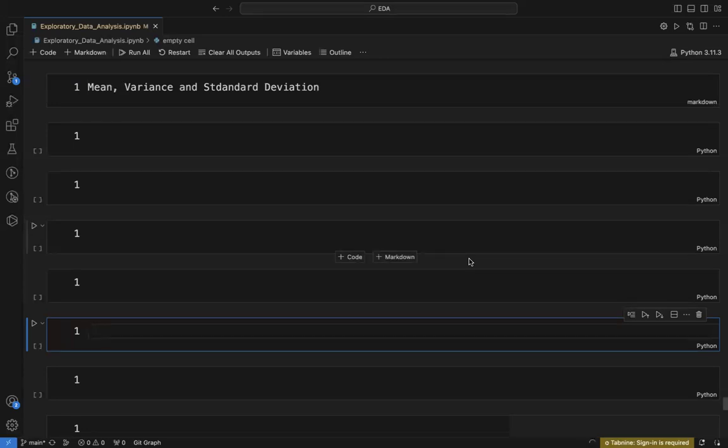So first of all, let's understand what a mean is. For understanding the mean, let me open my notepad. Let's take your Setosa petal length. We know that in the Setosa petal length, we have 50 observations.